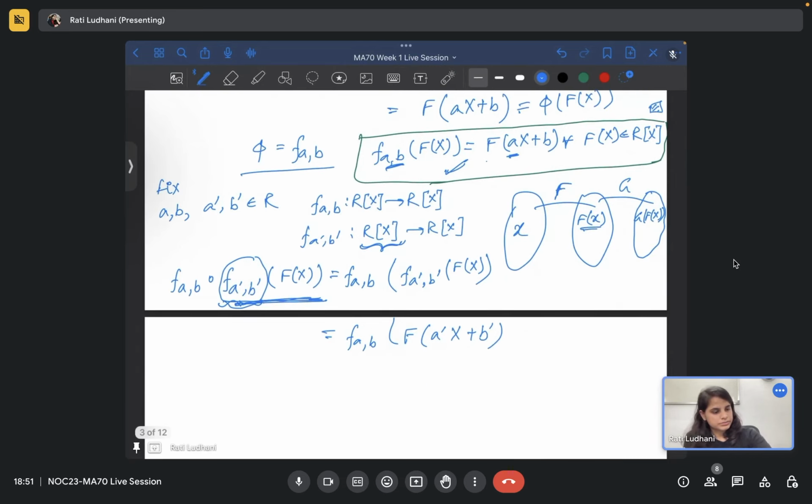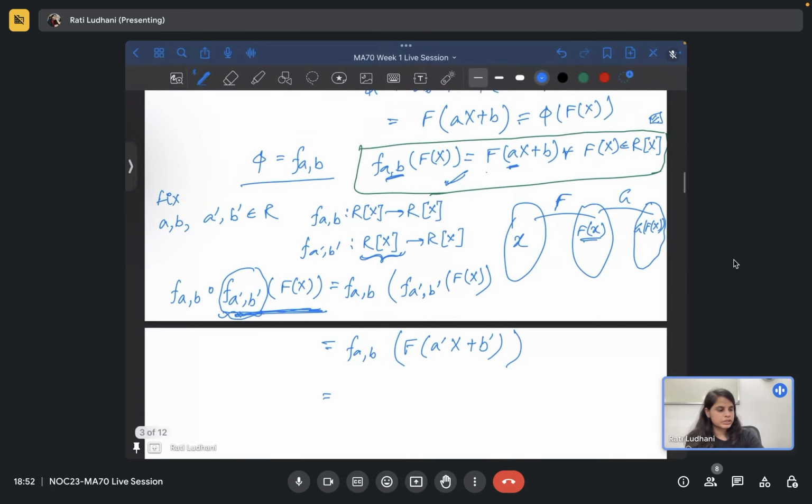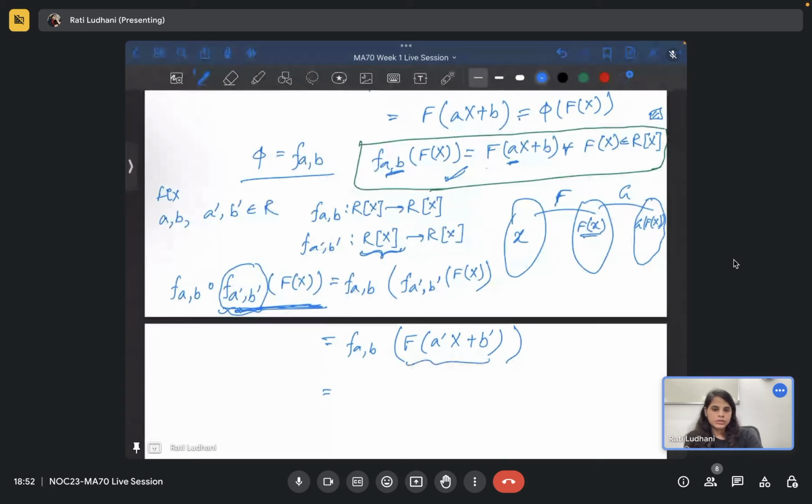Now f_{a,b} over a'x + b', how will it act? This is again a polynomial. So you can think of this as some y, so f of y, let's say. It's like f_{a,b} applied to this new x.